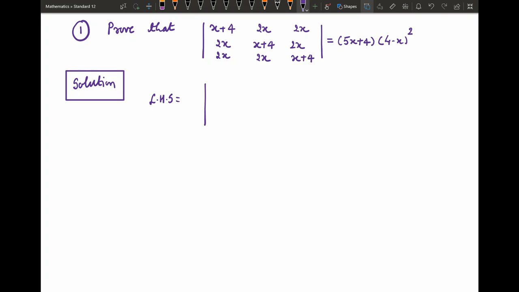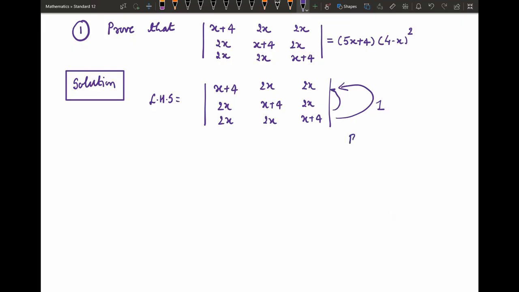LHS. Now, if you observe the entries of the determinant, if we multiply this row by 1 and add in the corresponding entries, similarly this by 1.